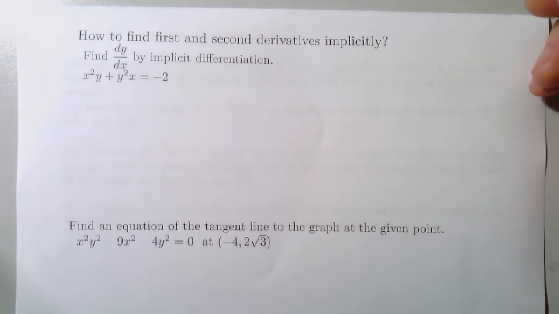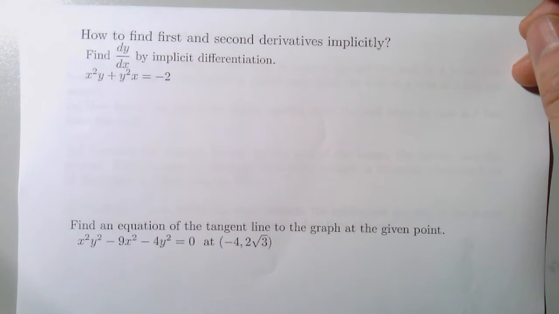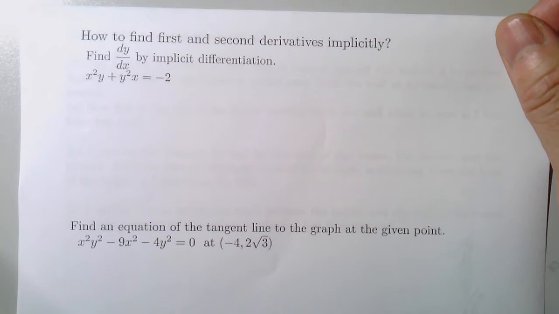In this video, we want to talk about how to find first and second derivatives implicitly. Okay, so let's take a look here. What are we actually going to do when we try to find the first derivative implicitly?